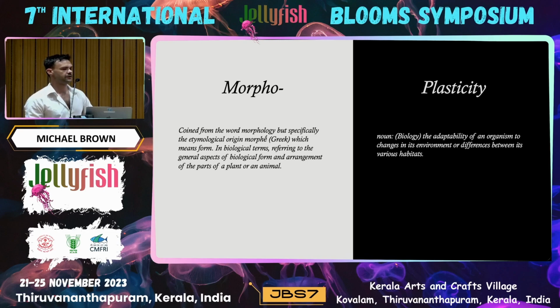Coined from the term morphology, which originates from the Greek morphe, in biological terms it refers to the general aspects of biological form and the arrangement of parts of a plant or animal. Plasticity in a biological context refers to the adaptability of an organism to changes in its environment. So morphoplasticity is talking about the changes in an organism's form based on its environment.